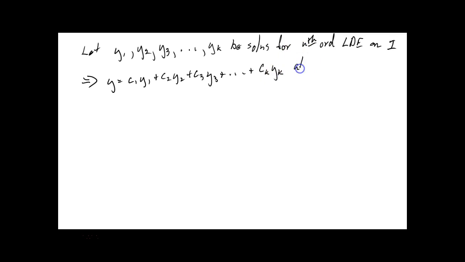This is also a solution. If you know you have 3 solutions out there, then any linear combination of those solutions is going to be a solution of a 6th order differential equation or whatever. This is called the superposition principle.